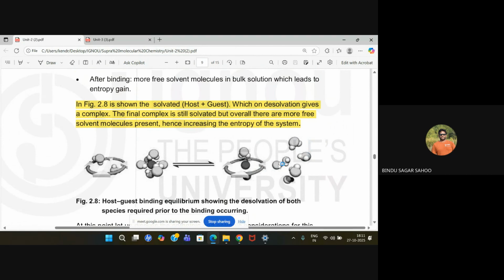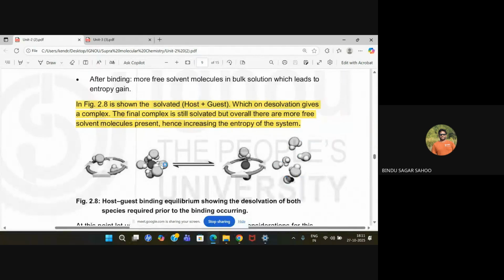That means when the solvent molecules get separated from host and guest, they make a random motion outside the complex environment. So due to their random motion and disorderliness, the entropy inside the system increases.